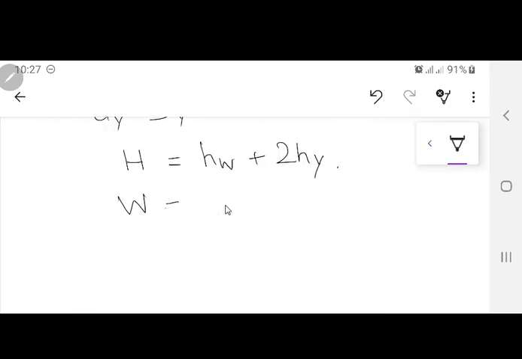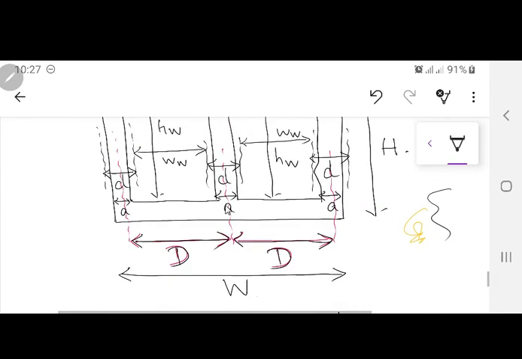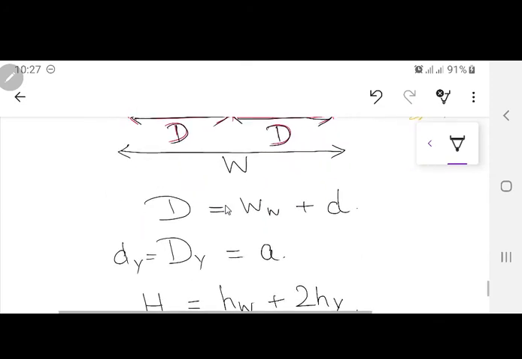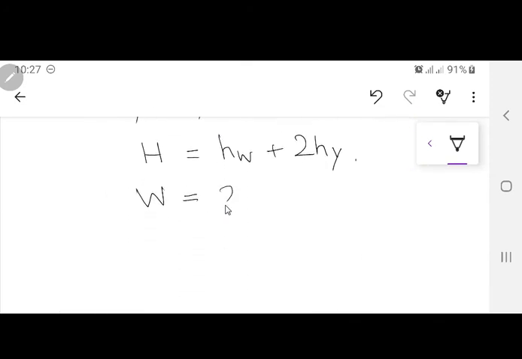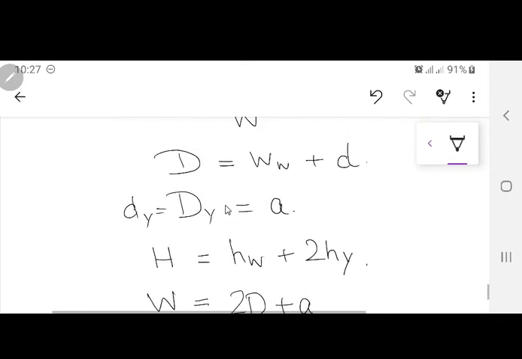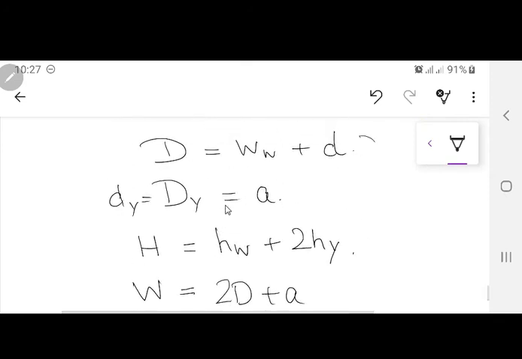G, what is the width of the transformer? Width of the transformer, 2D plus A. So these are again the equations that are required for, these are for the three-phase transformer.